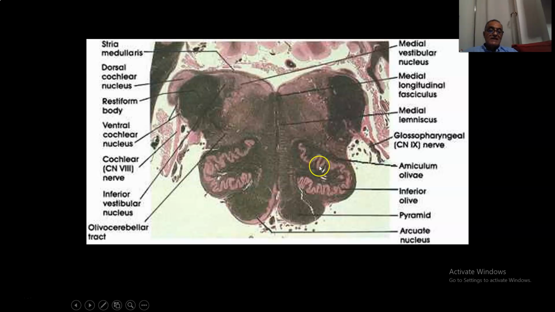The inferior olive is telling the cerebellum, take care, the extrapyramidal system is carrying impulses. Why? Because we have to regulate the posture and the tone. So always afferents from the inferior olivocerebellar tract go through the inferior cerebellar peduncle, or what we call the restiform body.